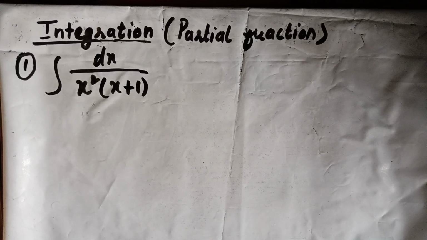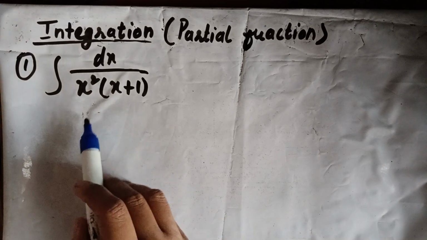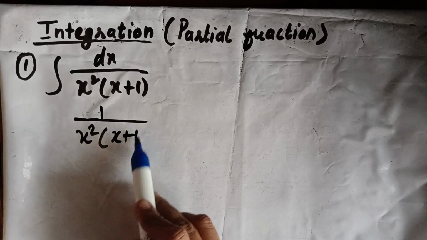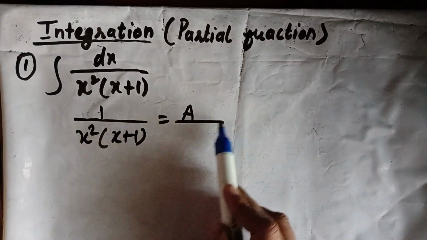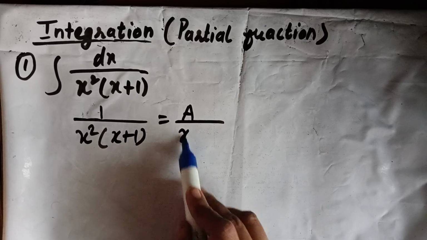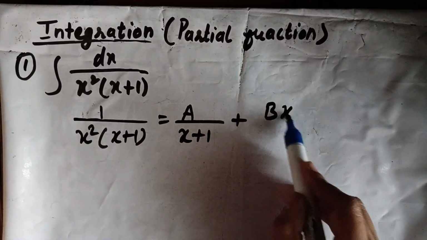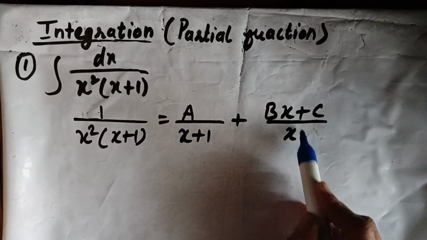So the question is integral dx upon x square into x plus 1. Here they have given a quadratic term in the denominator, right? So by using partial fraction we can write this as 1 upon x square into x plus 1 equals A upon x plus 1 plus Bx plus C upon x square.